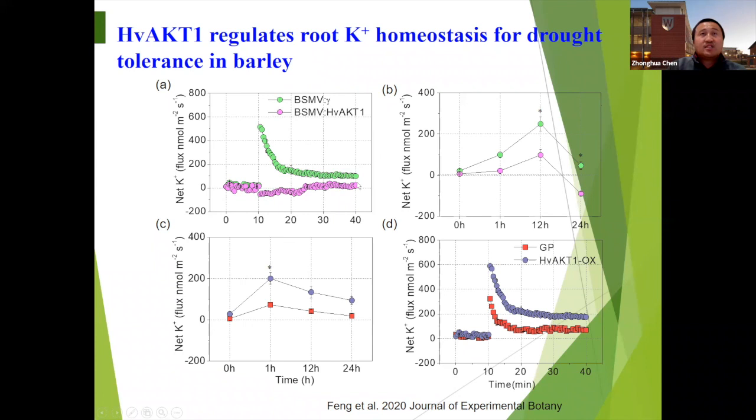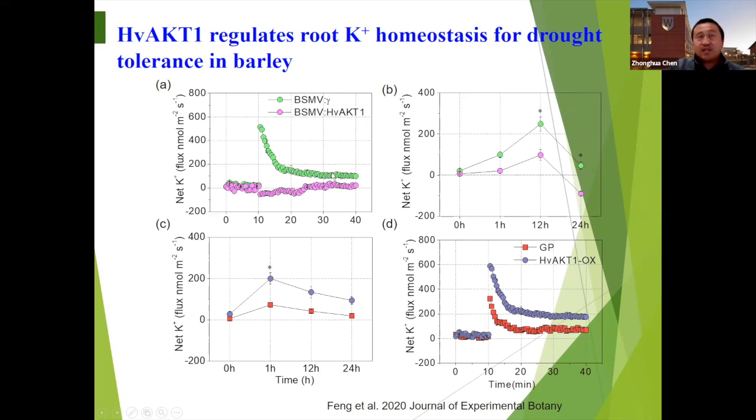So when you silence the HvAKT1 and add PEG, usually the control plants show a sign of taking up potassium, which you can see as a positive net potassium flux. This is quite commonly observed not only in barley but also in other crops.